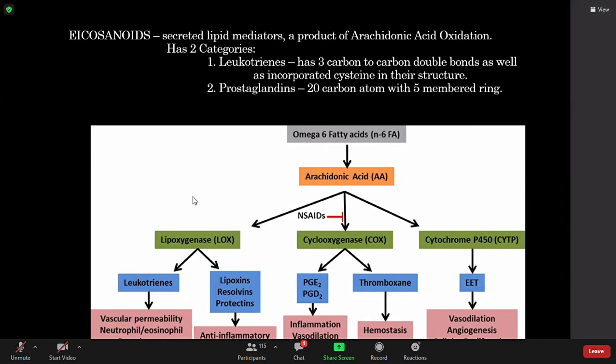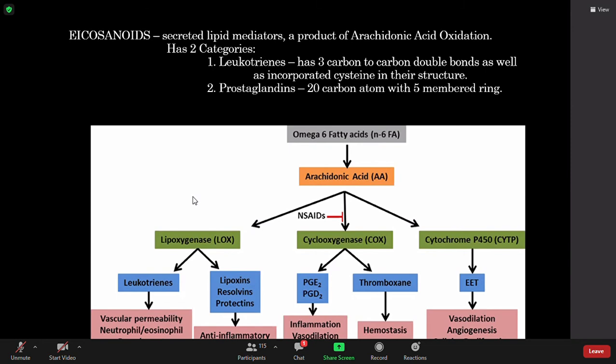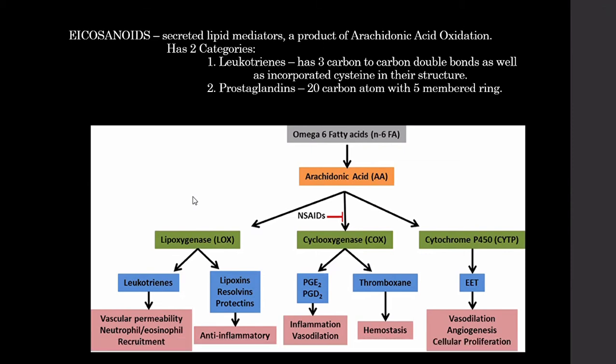Your eicosanoids has two categories, your leukotrienes and your prostaglandins. Please take note, your leukotrienes has three carbon-to-carbon double bonds, as well as incorporated cysteine in their structure. Okay? No rings sa leukotrienes.